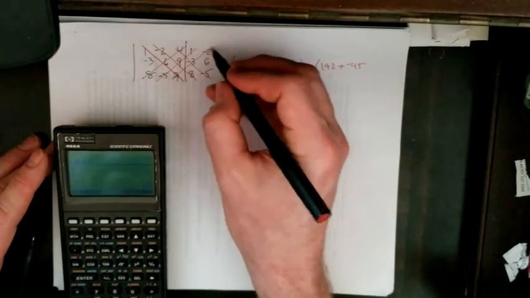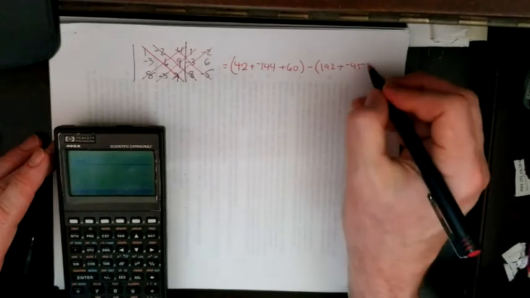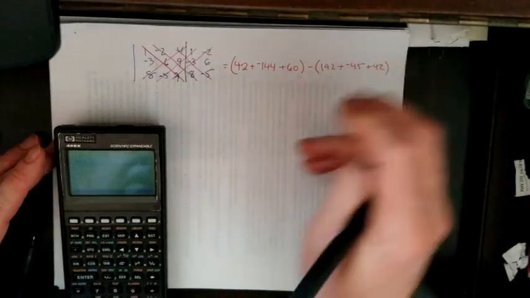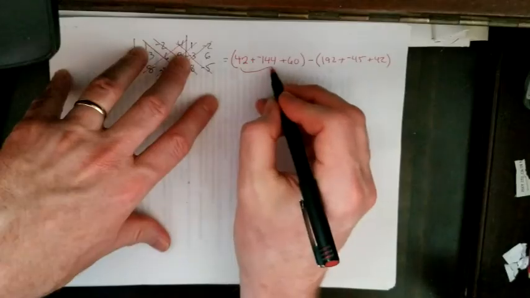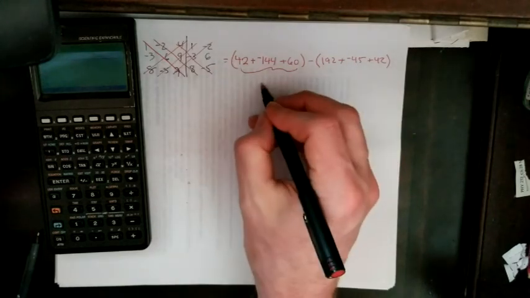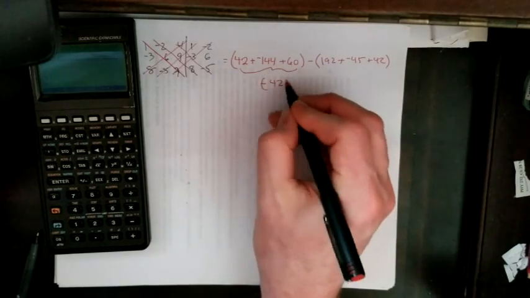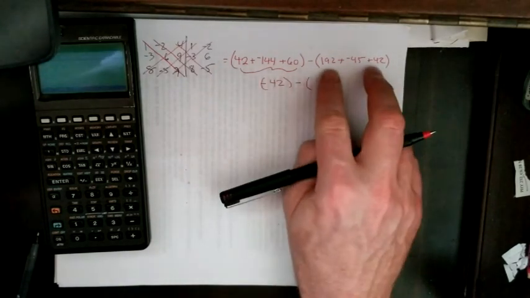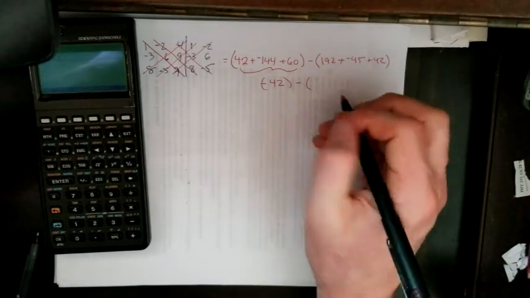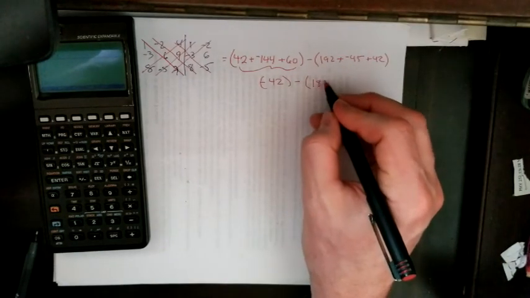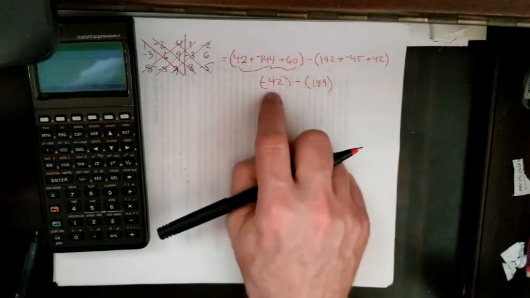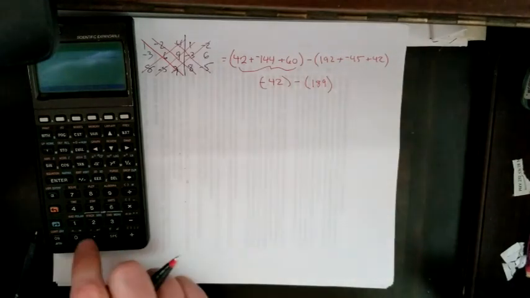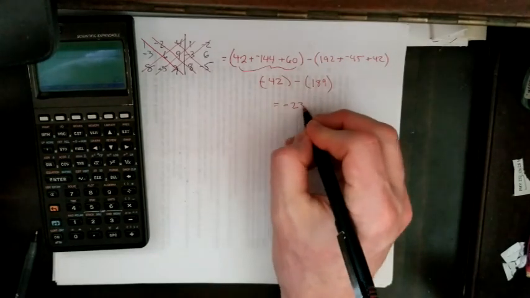And then that diagonal right there, 6 times 7 is plus 42. This is 102, so this becomes negative 42 minus here, that's negative 189. So negative 42 minus 189, and lo and behold, negative 231.